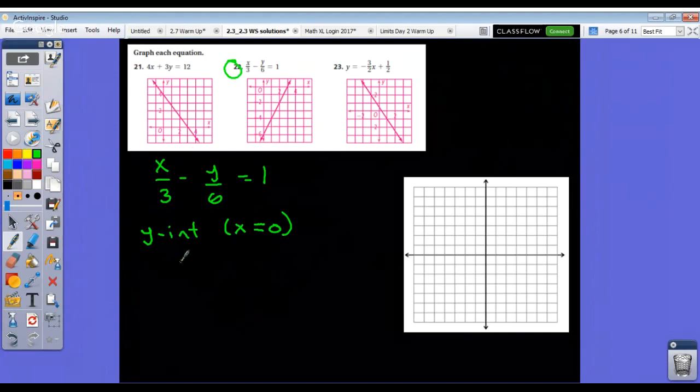So if the x piece disappears, I have negative y over 6 equals 1. It's divided by 6, so I'm going to multiply by 6. But I also want to get rid of that negative, so I'm going to multiply by a negative 6, which makes this a positive y. So what I do to one side, I'm going to do to the other, and I get a y-intercept of negative 6.